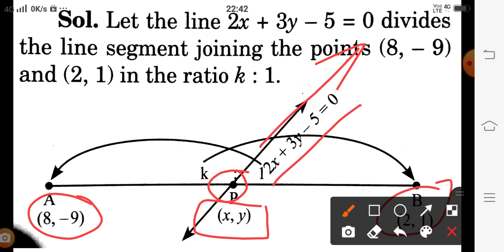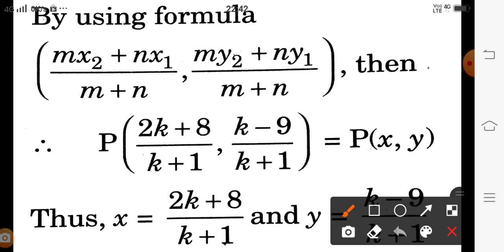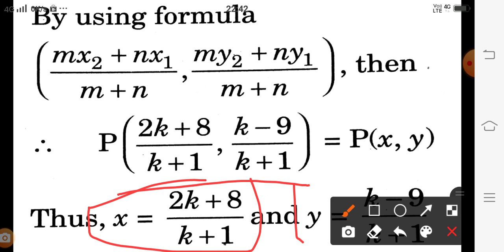Then if the ratio is k ratio 1, then by using the section formula, we are getting the coordinate of P as (2k + 8)/(k + 1), (k - 9)/(k + 1), and this value is equal to the coordinate (x, y), means x equals (2k + 8)/(k + 1), and y we are getting as (k - 9)/(k + 1). These are the values of x and y, and these two values satisfy the equation of the straight line. Then we just put the values of x and y in the equation.